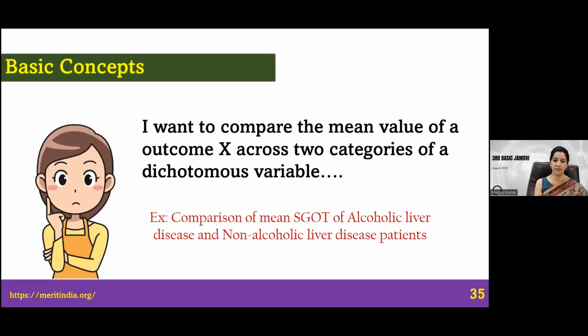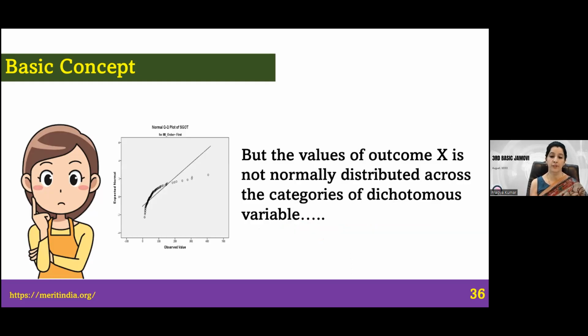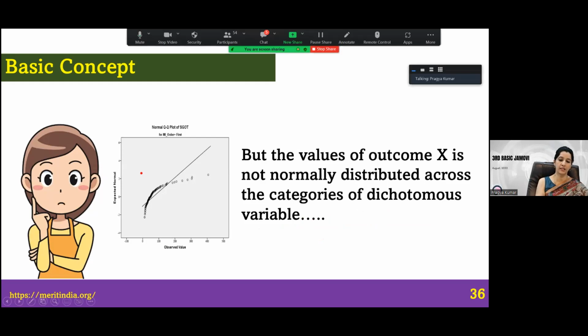Many times there is a variable which is not normally distributed. Like if you have done a study where you have collected SGOT in alcoholic liver disease and non-alcoholic liver disease, and there's a wide variation. You test for normality, and if the QQ plot shows that the data points are not along the diagonal line, then it is not normally distributed.